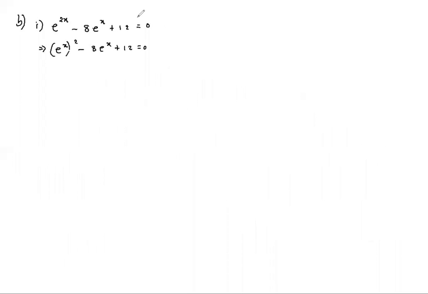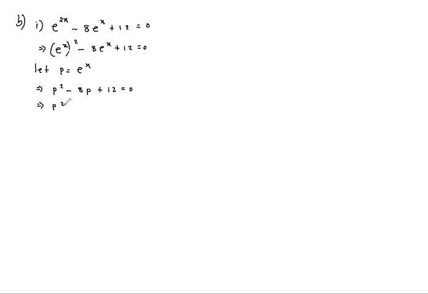Okay, so after you write e^x squared, then you let, that is if you want p to be e^x, and then use p instead of e^x, equals 0. So you say p squared minus 8p plus 12. 6 times 2 can give us 12 and also can give us 8.